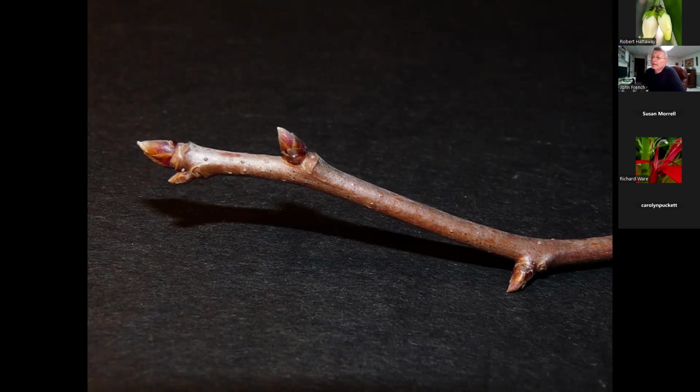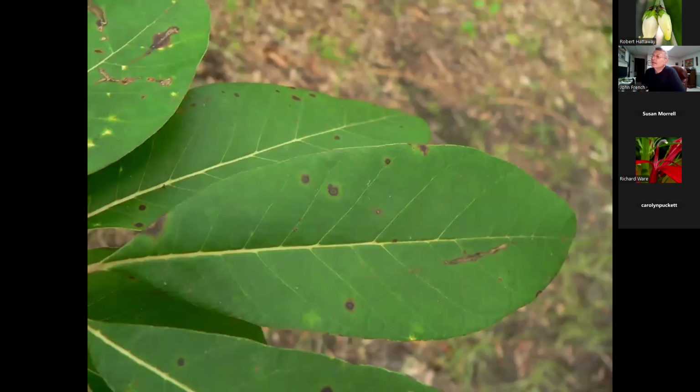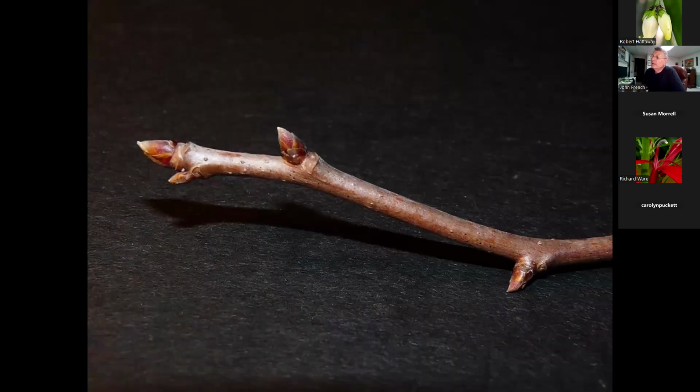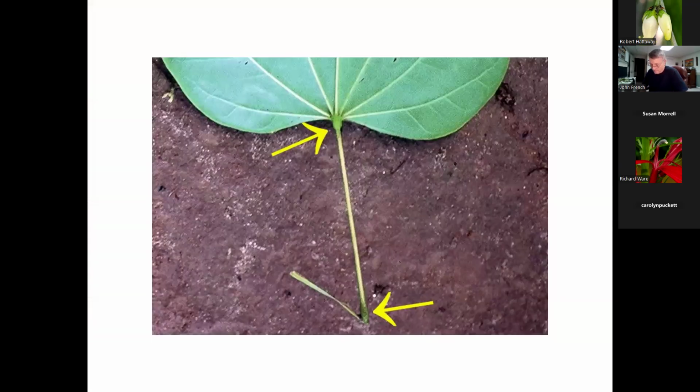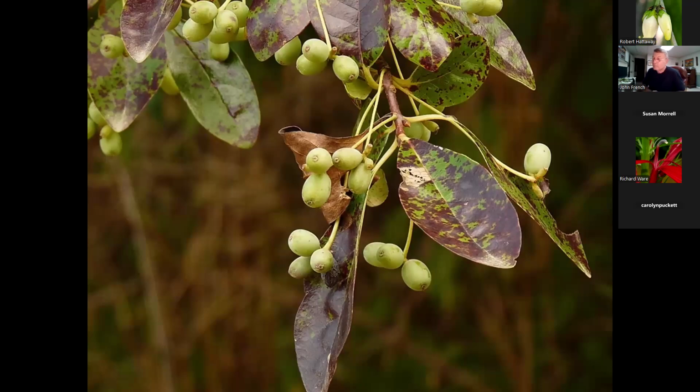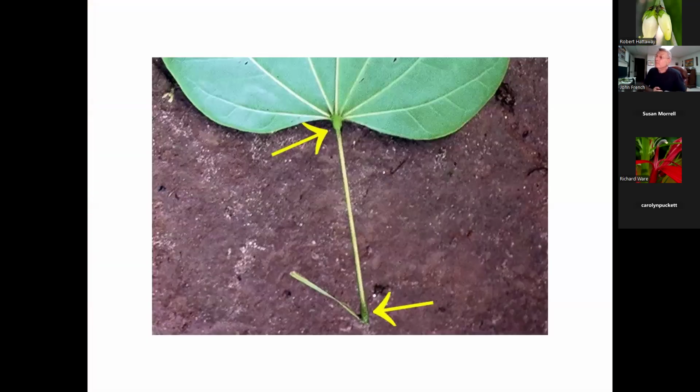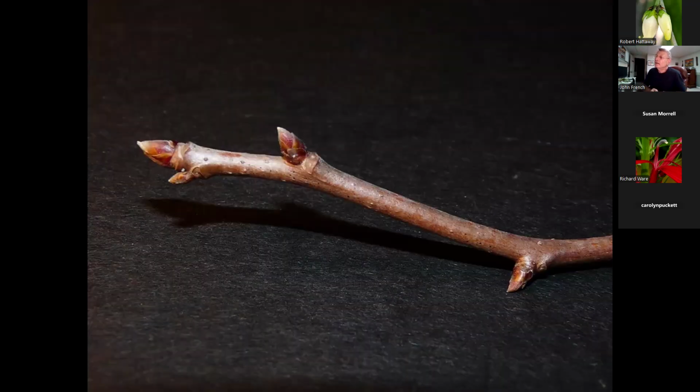Go back to the leaf. They're not that lobed. None of them are really lobed. Occasionally, this genus, except for one species, will have occasional erratic teeth, but it's not a lobe.